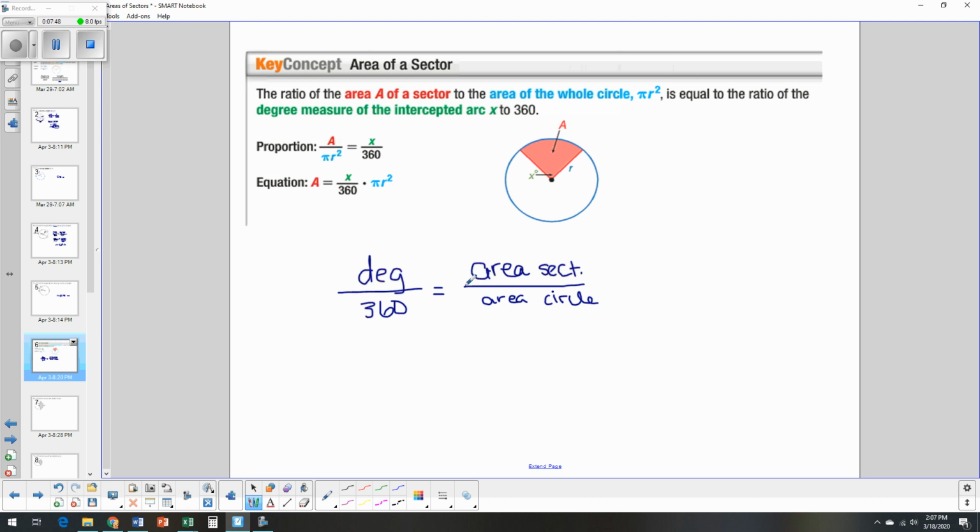Same as we were setting up with arc length, except now we're almost always going to be finding the area of the sector, so this will almost always be our x. And down here, we'll either be given the entire area of the circle, or we're going to use the formula pi r squared.